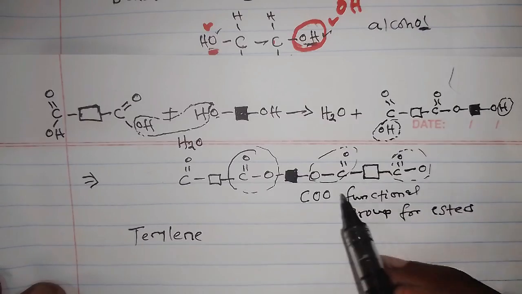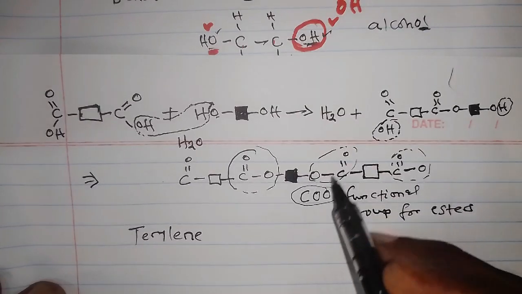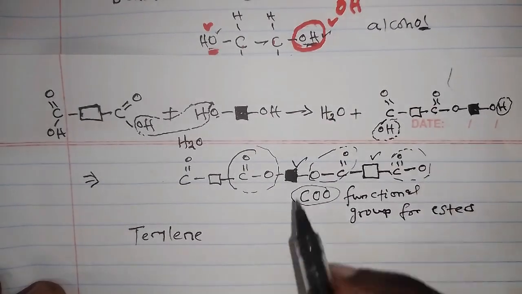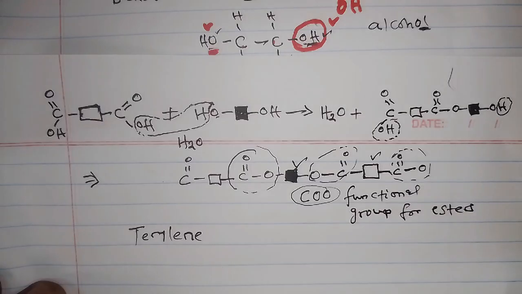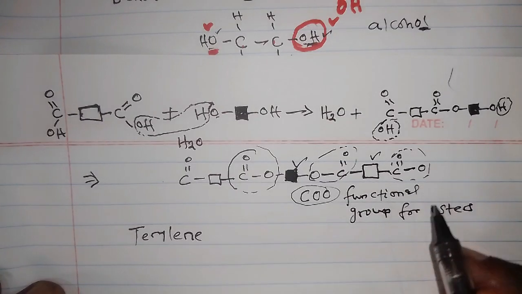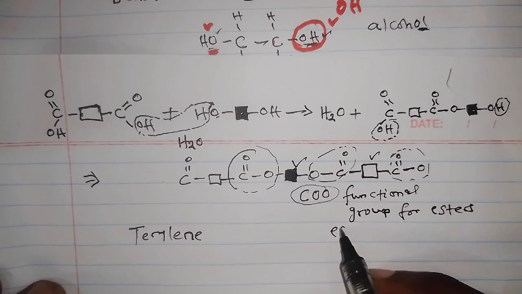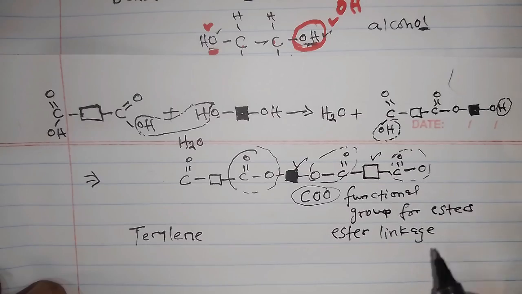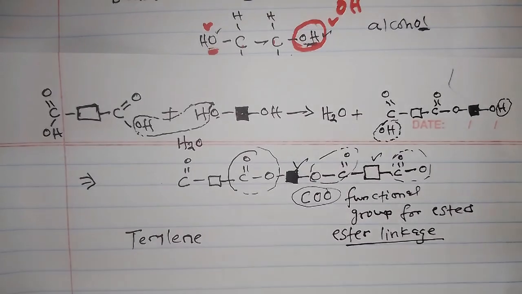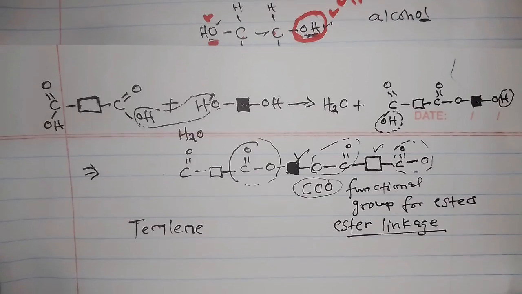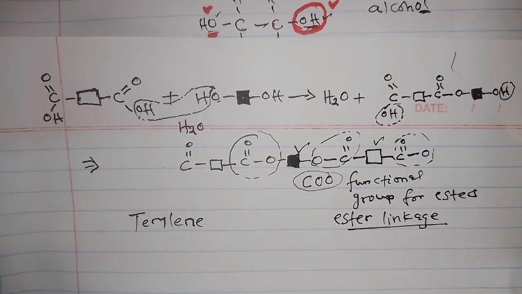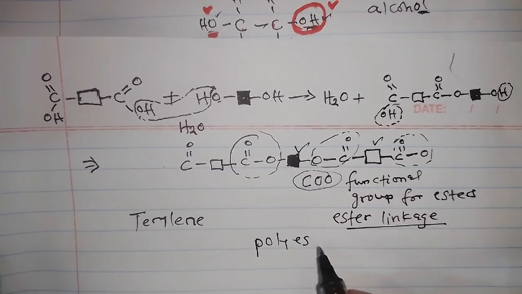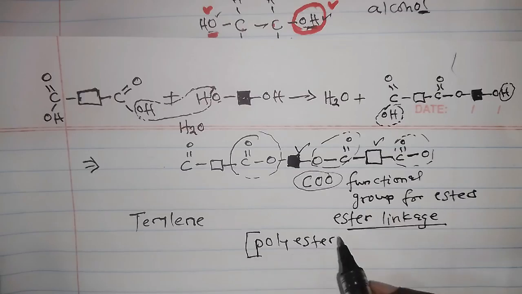because of this repeating unit, the linkage that is linking the alcohol and the acid is normally what is referred to as an ester linkage, and this ester linkage is just going to repeat itself like that, now forming what is known as polyester.